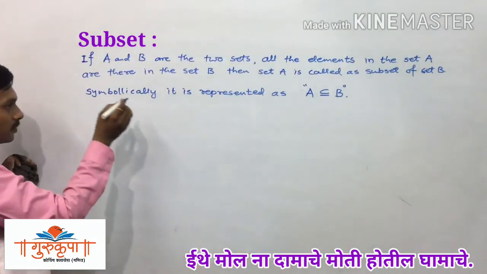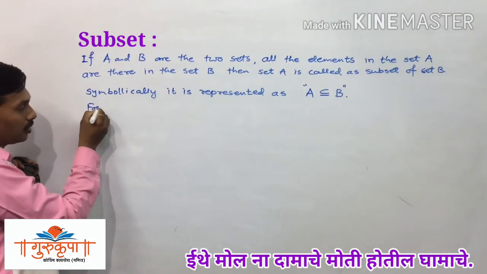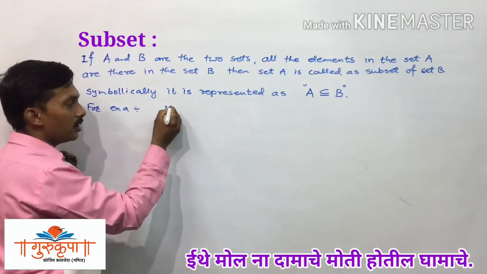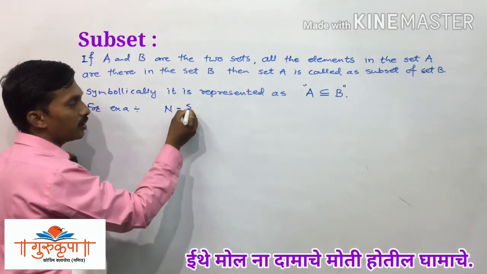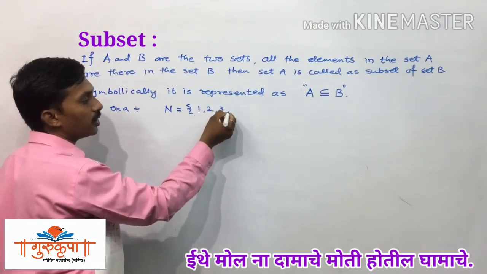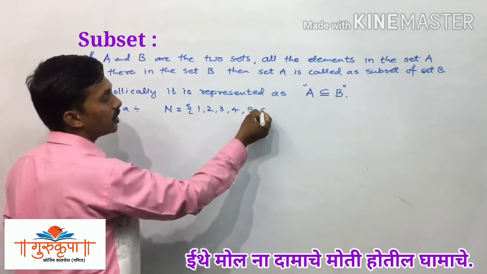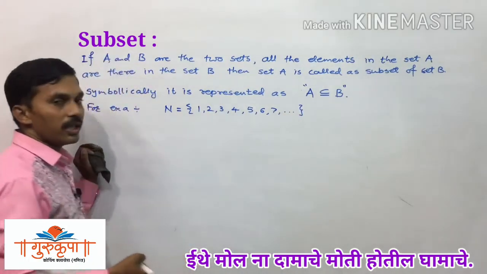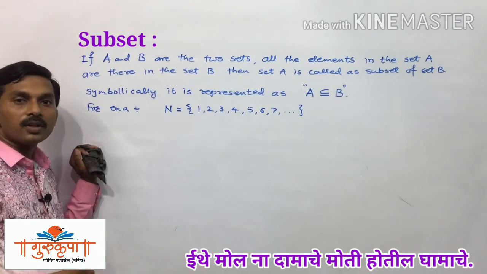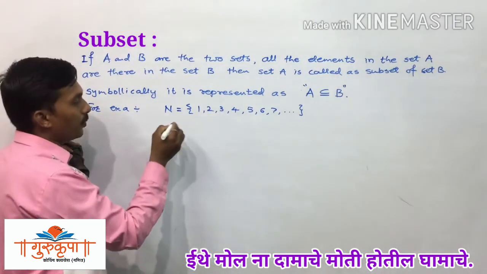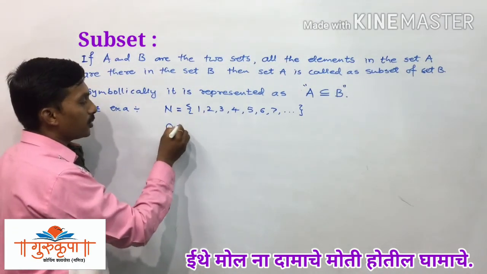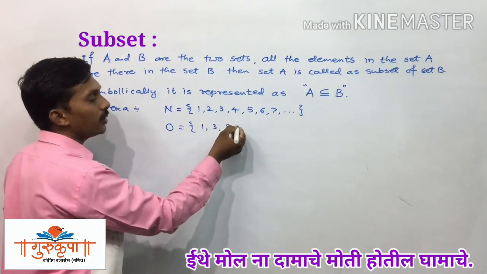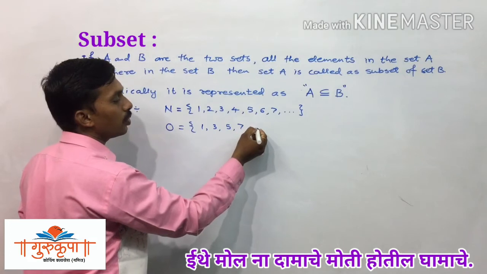Say, for example, N = {1, 2, 3, 4, 5, 6, 7, and so on}. This is the set of natural numbers. And now we have O = {1, 3, 5, 7, and so on}.